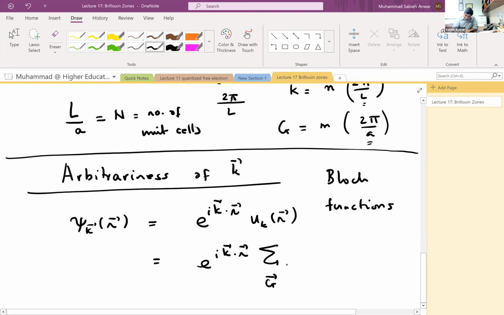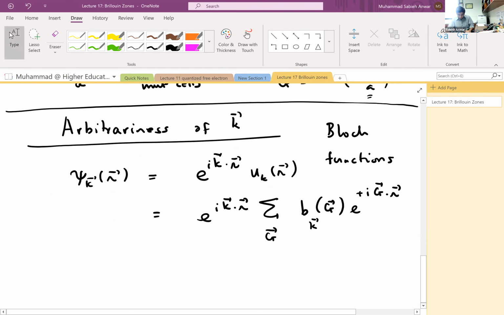So I can express this in the following form: b_{k,g} e^{i g} dotted with r. Let's use the plus sign. You could use the plus or the minus sign. It doesn't matter because we're summing up over all G's. So this is the periodic decomposition of the function u.